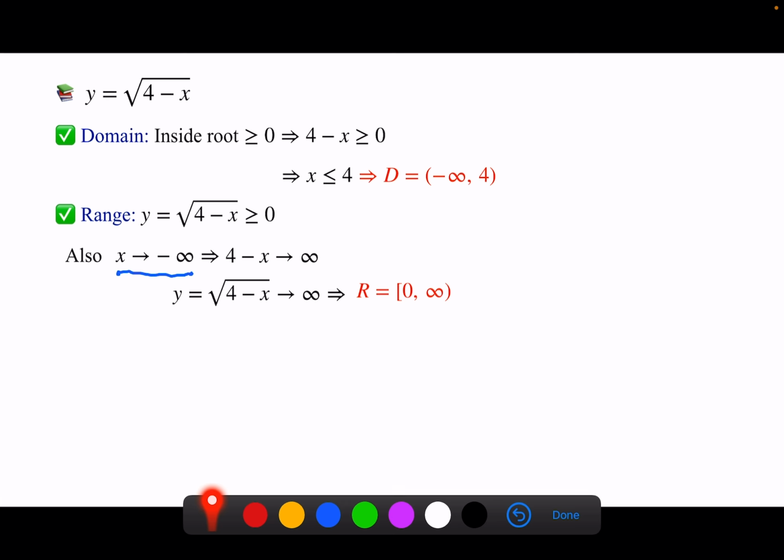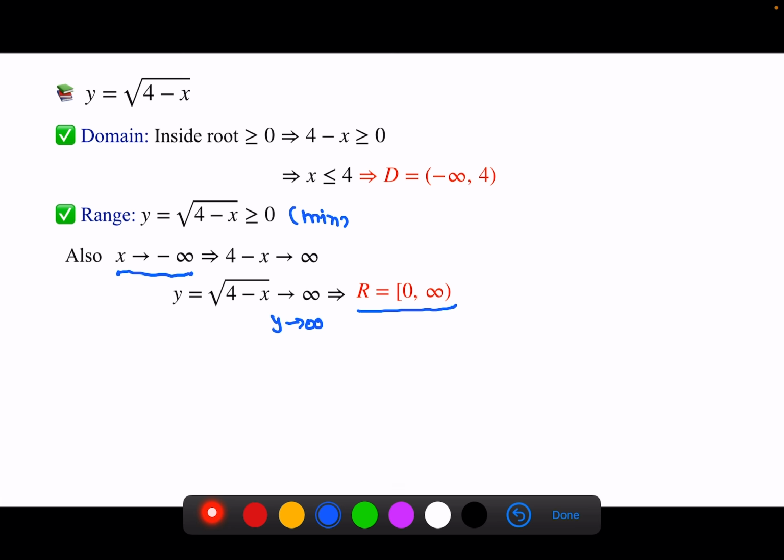So we can say that y equal to root of 4 minus x tends to infinity. So here we see that the minimum value for y is 0 and y also tends to infinity. So the range is 0 to infinity. 0 is included in the range.